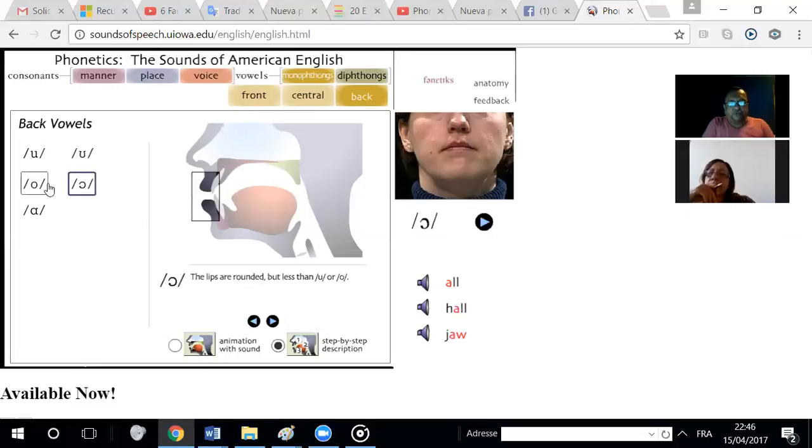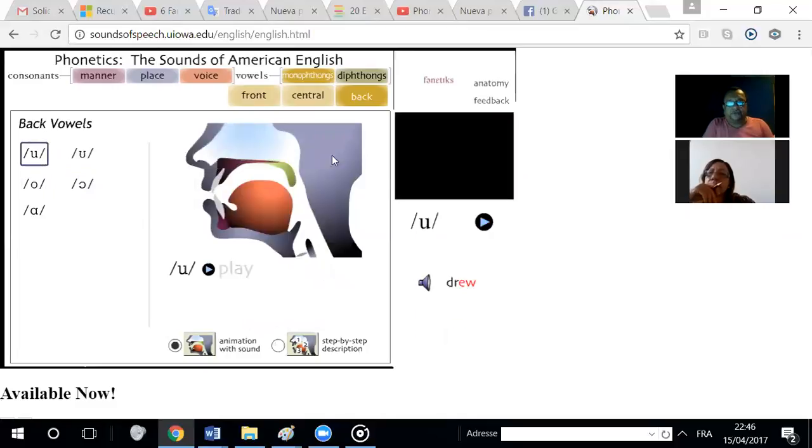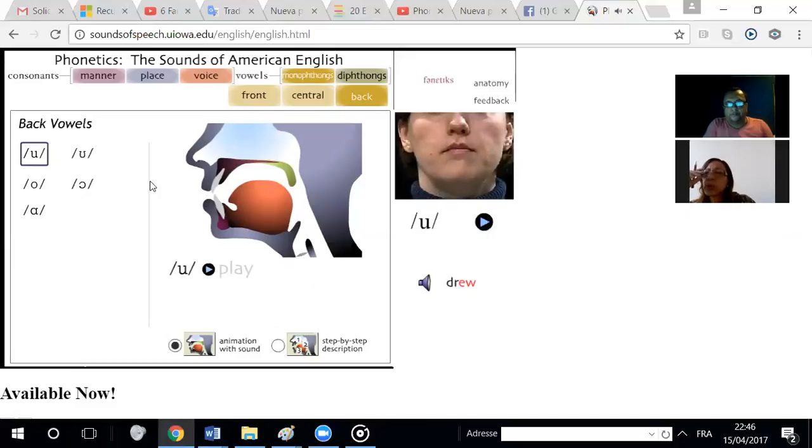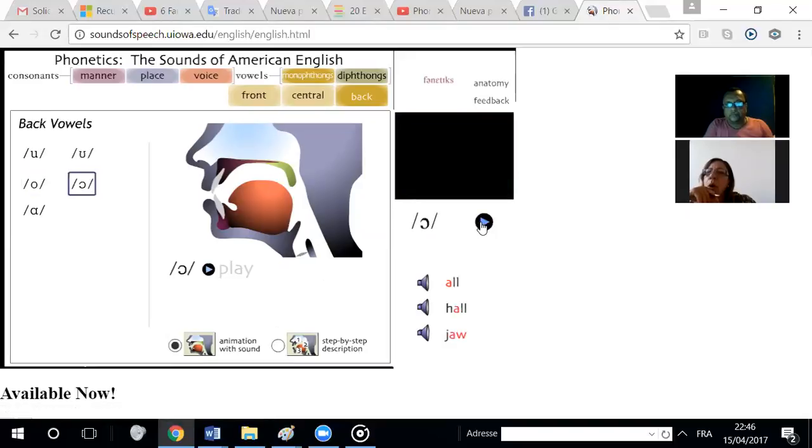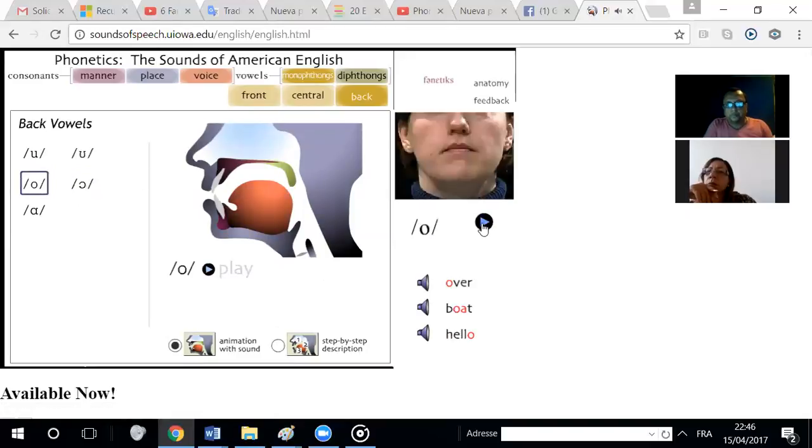Pay attention to the position of the mouth. Ooh. Ah. Oh. It's very slight, the difference. That's why you need to be very careful. But you are going to understand in the context. Okay?